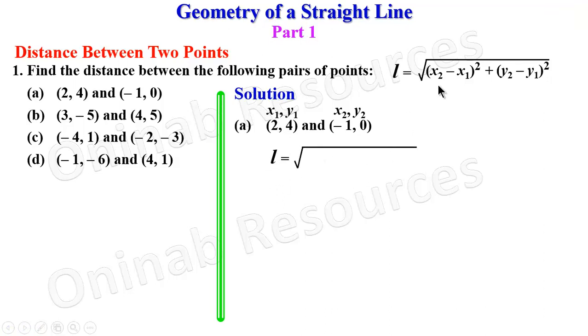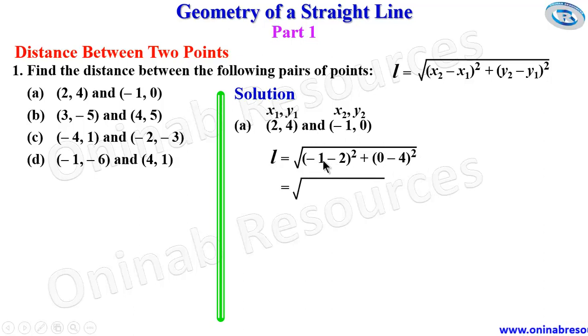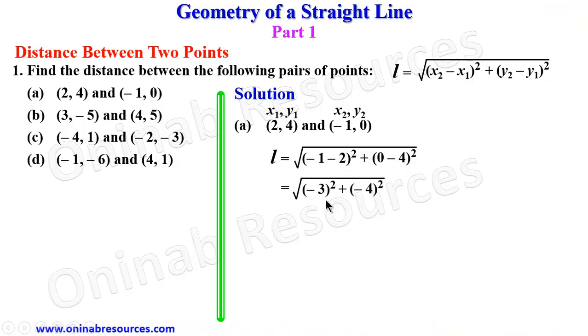That's going to be square root of x2 is -1 and the x1 is 2, so (-1 minus 2) all squared, then plus y2 is 0, and y1 is 4, so we have (0 minus 4) all squared. This giving us -1 minus 2 gives -3 squared plus -4 squared.